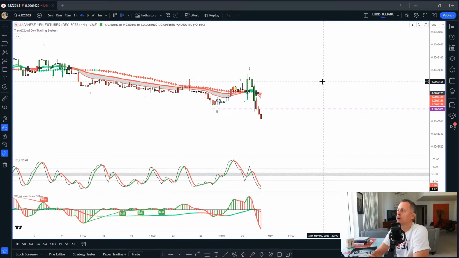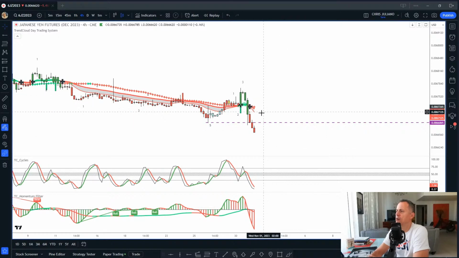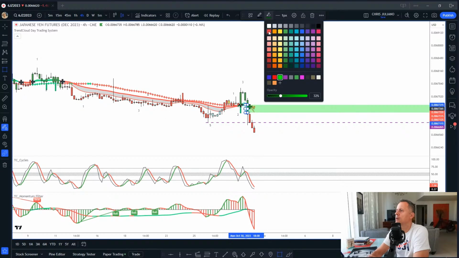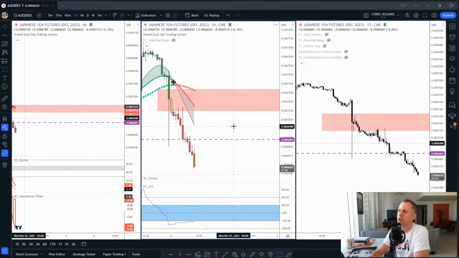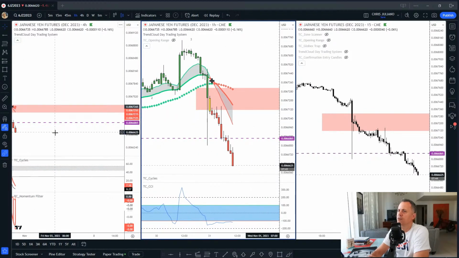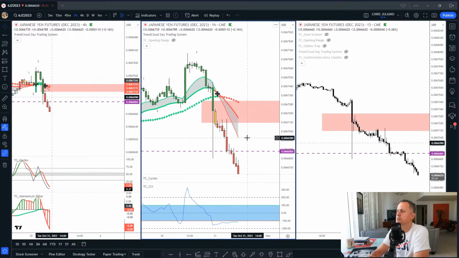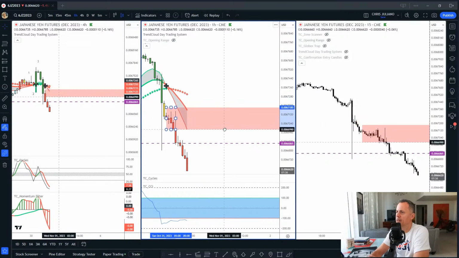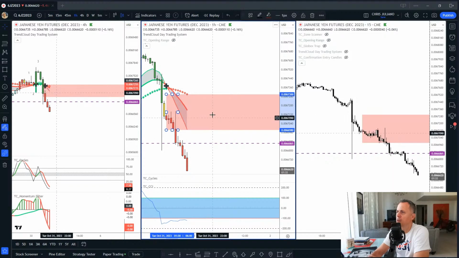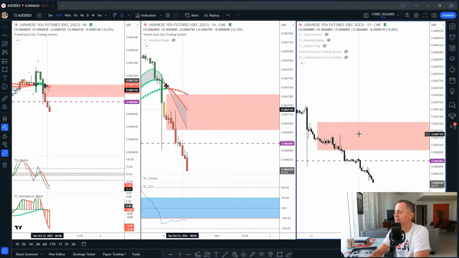So we can start looking for our TrendCloud resistance levels, right in here. Drop down and look at that. So we've got our middle time frame TrendCloud right in here. Let's refine this. Now we'll go to the lower time frame and see what we can find in here.